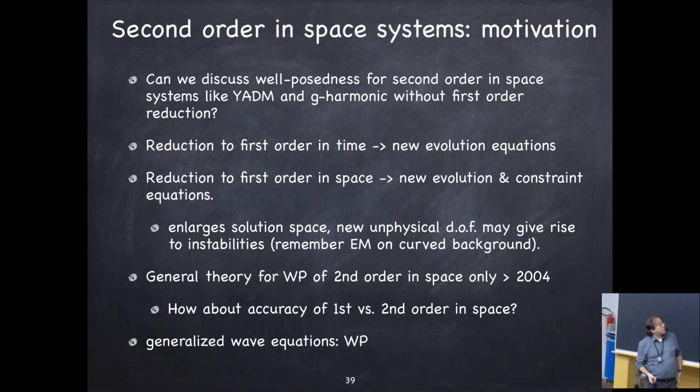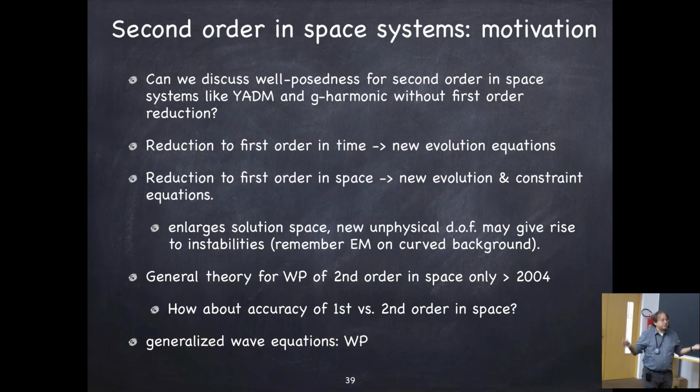And so mostly, it's driven by the needs of numerical relativity. The mathematical theory for how to treat first order in time, second order in space systems has been developed in the first years of the 2000s, and now there's a theory for that, which somewhat extends the theory for first order systems.